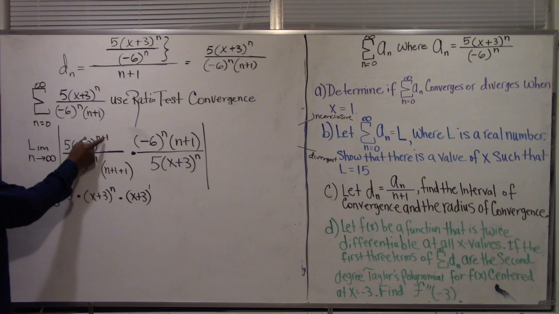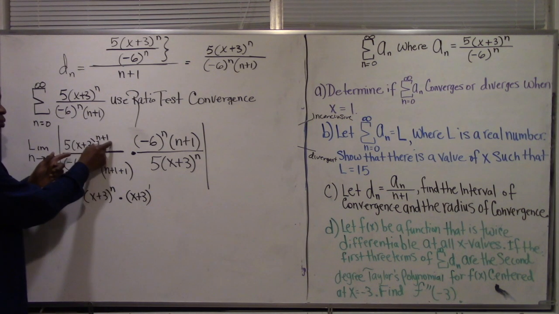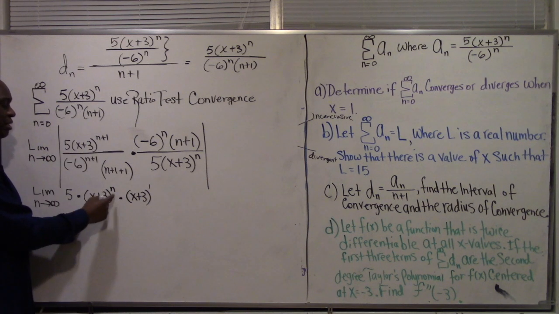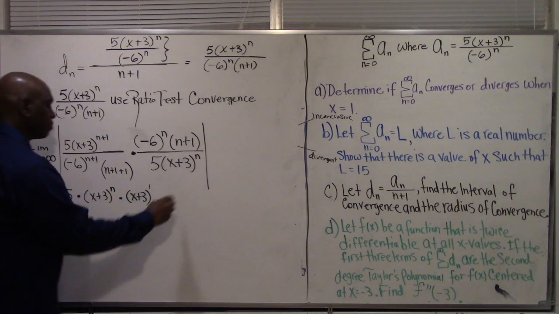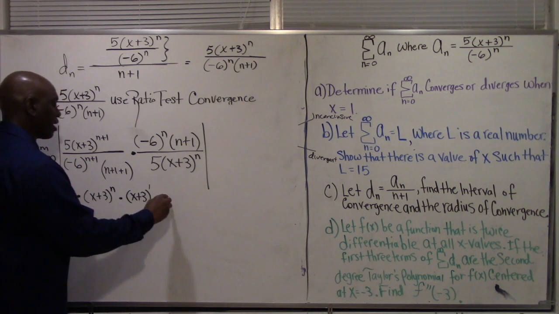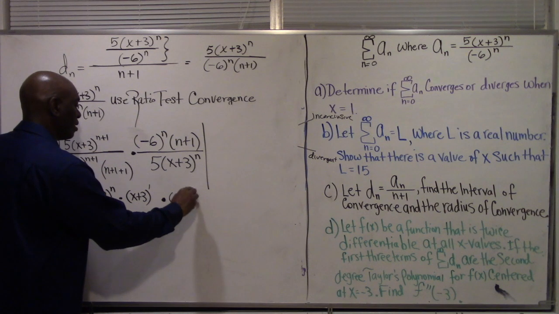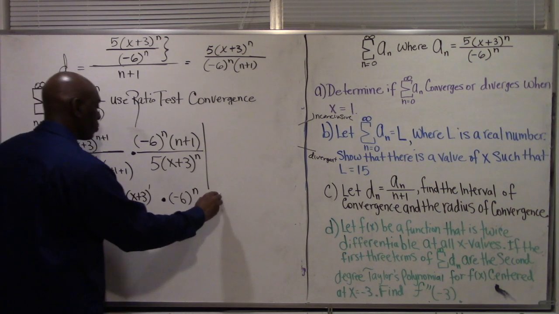Because that's what this is. (x plus 3) quantity to the n plus 1 is (x plus 3) quantity to the n times (x plus 3) quantity to the power of 1. All right, keep going. Times (negative 6) to the n times (n plus 1).